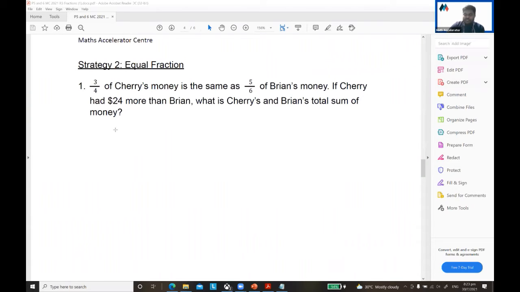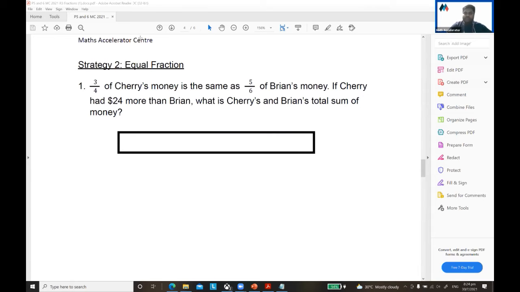So in other words, the 4 units here and the so-called 6 units here, they don't actually tally up. It's more like 4 units and this actually 6 parts. The only thing that tallies up is the 3 units out of the 4 and the 5 parts out of the 6. Okay, so if I were to give you a model representation, it will look something like this. 1, 2, 3.